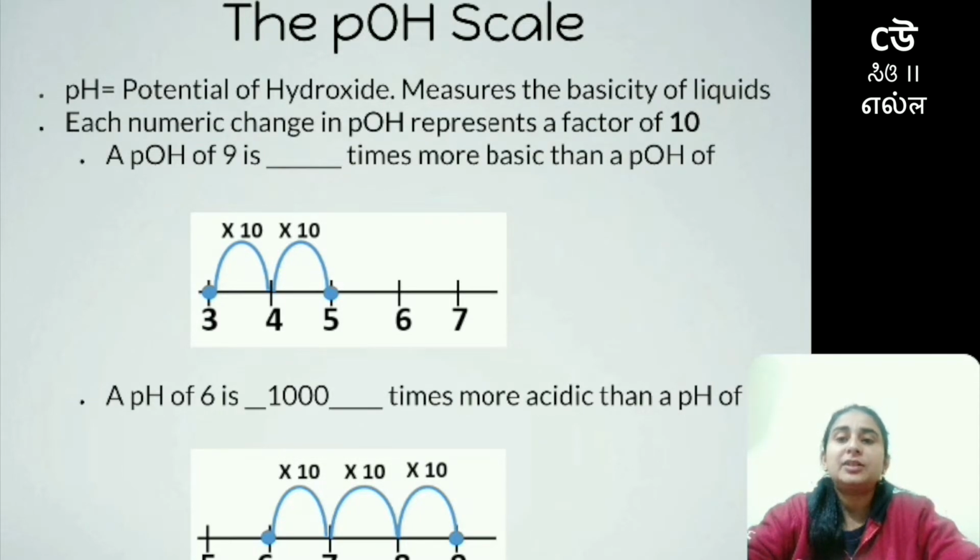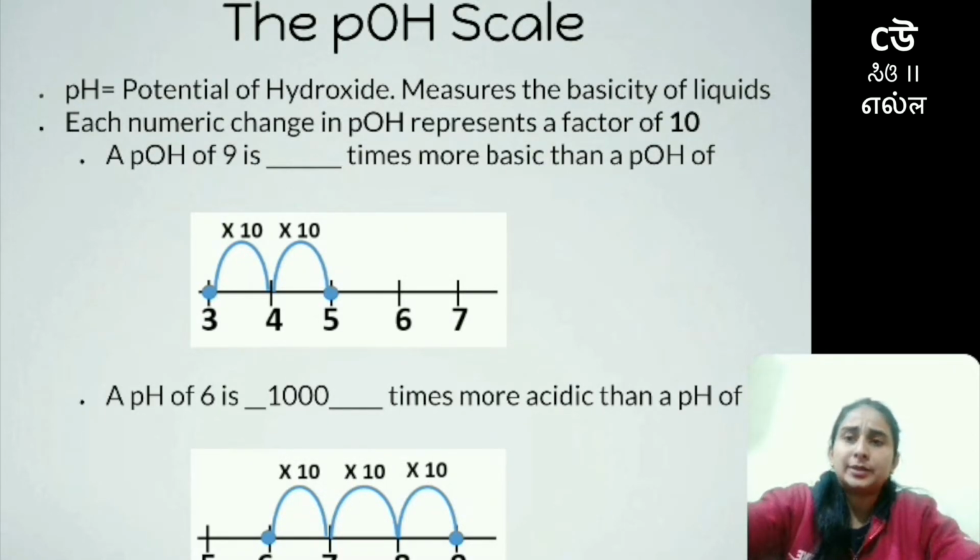So if there is a pH of 6, it is going to be how many times more acidic than that of pH 9? Around 1000 times. So this is the rule that you have to follow every single time whenever you're measuring the acidity or the basicity of liquids.